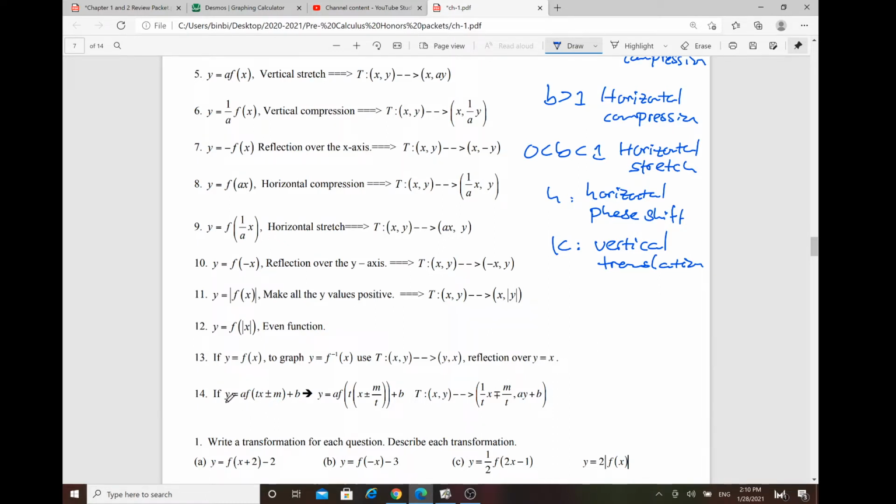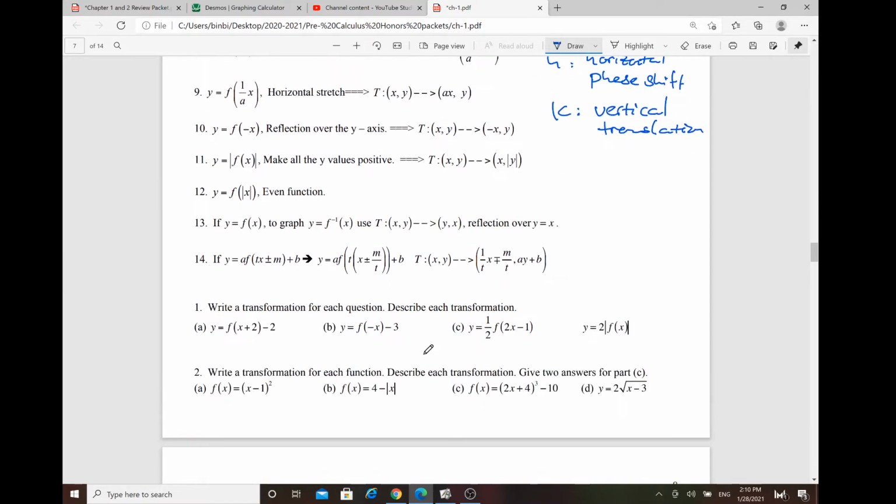Here's another one, called the reflection over a line. Let's say we have a general line of symmetry and you want to reflect through the line. The way to come up with the transformation is to always consider a, the scalar or scale factor, and we don't change that, just keep the same position for a. And then it's f of t times the quantity of x plus or minus m over t.